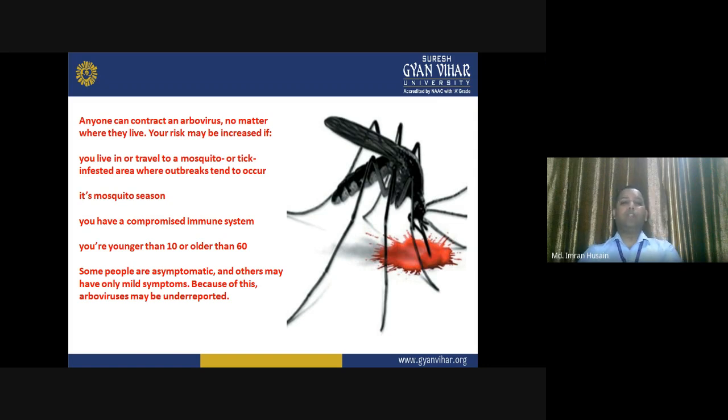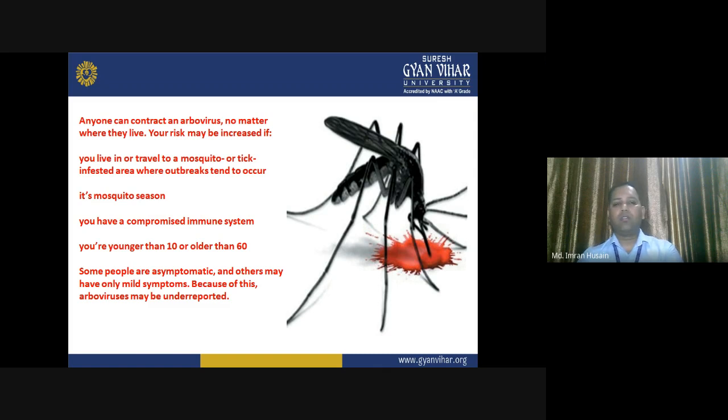You have a compromised immune system. If your immune system is not up to the mark and you catch infections and colds very easily, then you must be extremely careful. You are younger than 10 or older than 60.